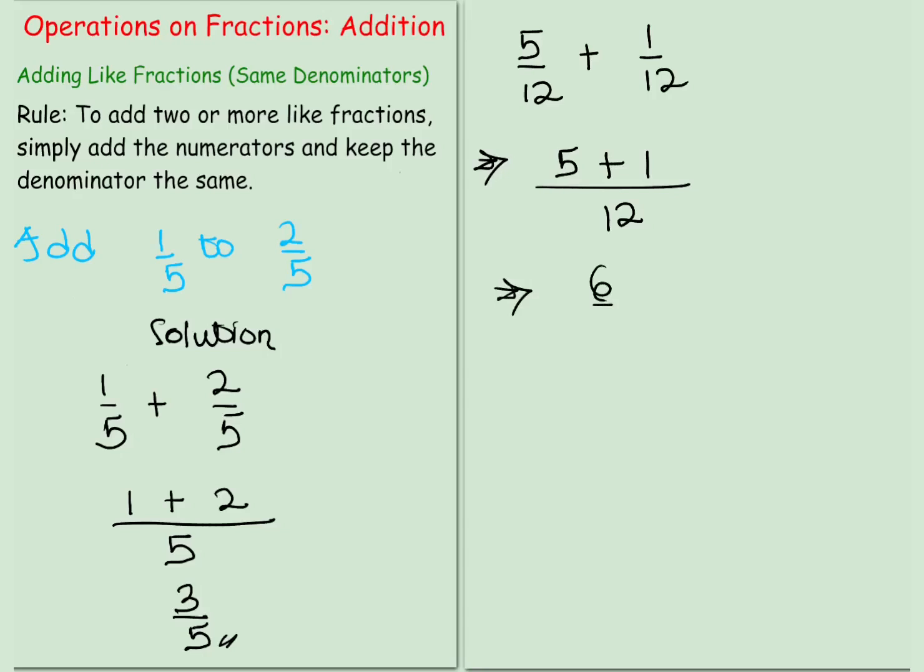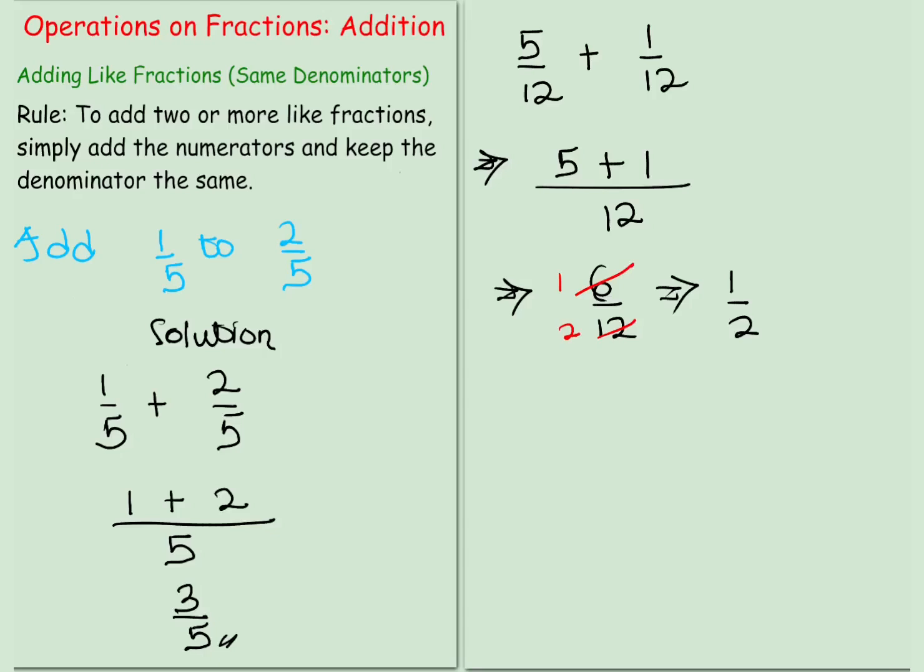Your 6 over your 12. And 6 over 12 can be simplified further to give you what? A 1 over 2. How do you get a 1 over 2? We are dividing the 6 by itself. So 6 divided by 6 gives us 1, and 12 divided by 6 gives us 2. So basically, this is how we add like fractions.